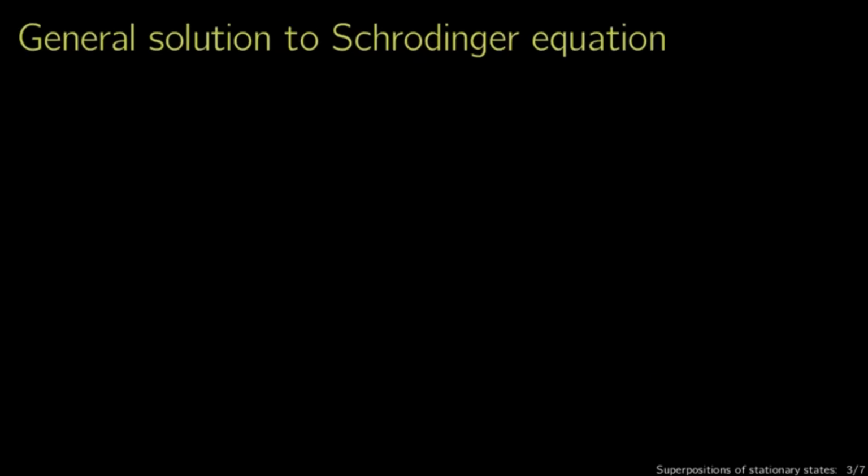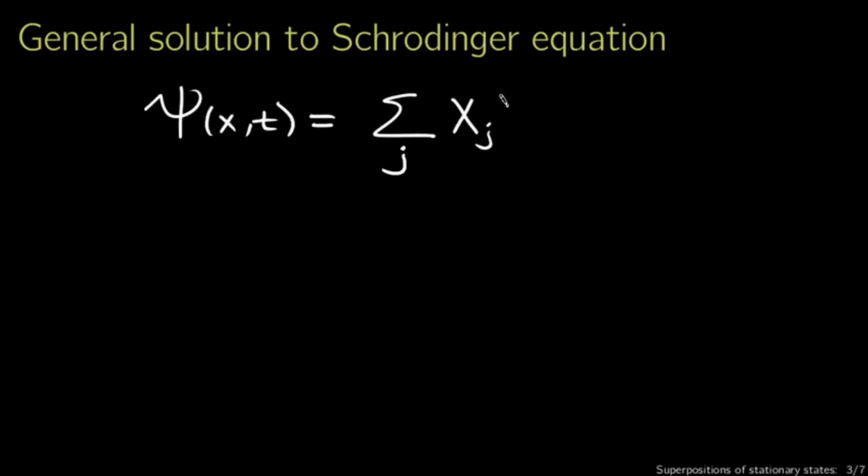And actually, the general solution to the Schrödinger equation is psi of position and time equal to the sum, and I'm going to be vague about the sum here. You're summing over some index j, x sub j, as a function of position. These are solutions now to the time-independent Schrödinger equation, the spatial part of the Schrödinger equation, times your time part.